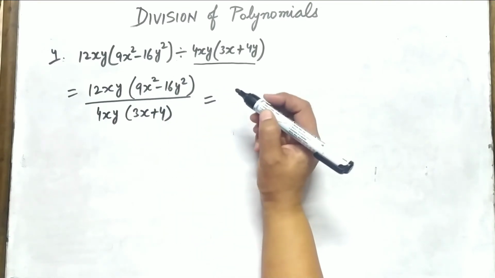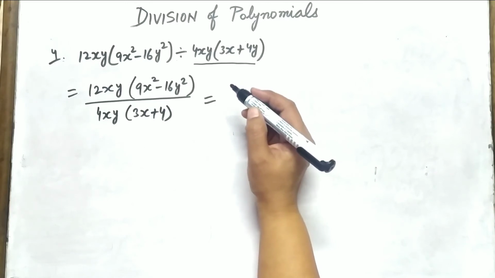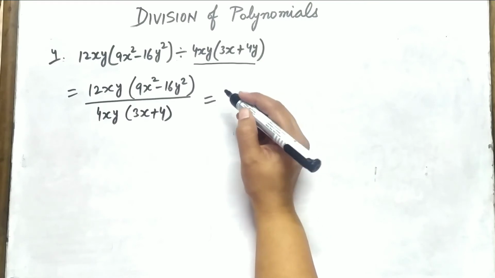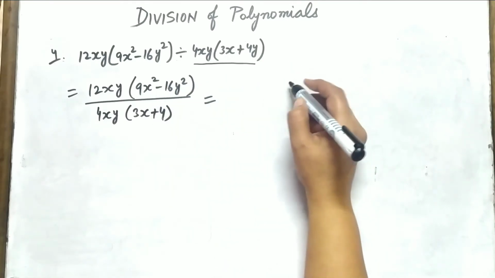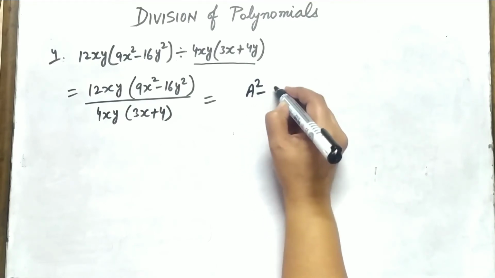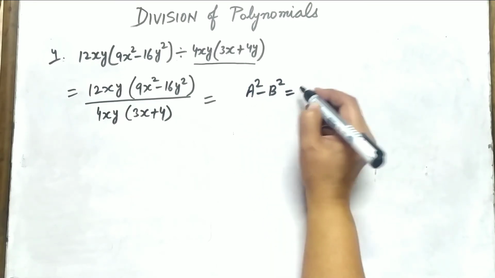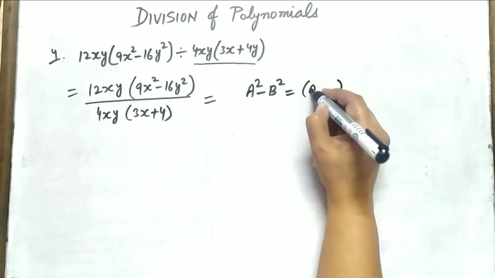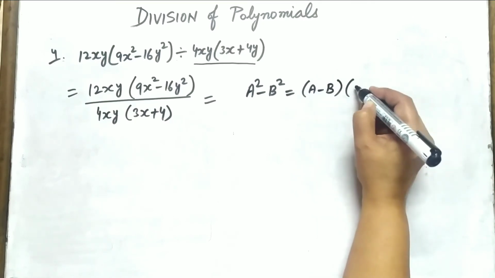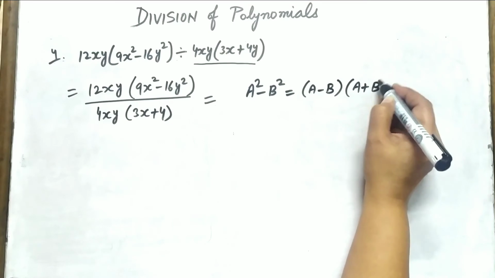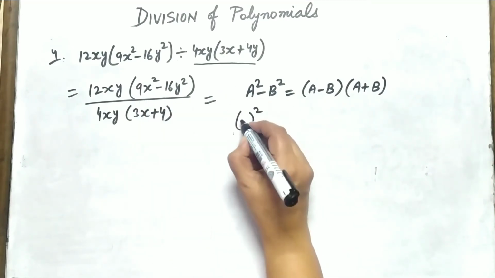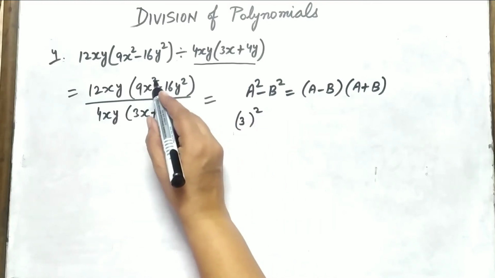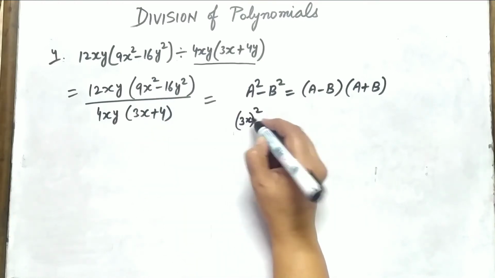This sum is based on the identities. We studied the identities in our previous video. Here in the numerator we have the formula a square minus b square is equal to a minus b into a plus b. And what is a here? 9 is the square of 3 and x square can be written like this.